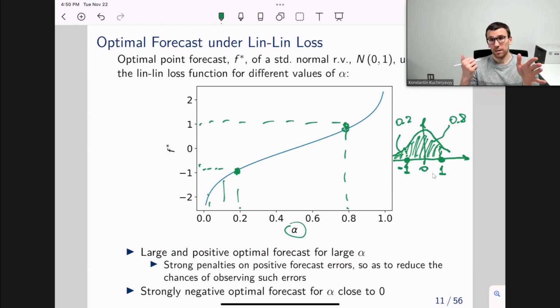And by the way, just jumping ahead, alpha is a parameter of the loss function. It's not a parameter of the data generating process or model, which means it's kind of a higher level parameter. We can choose it based on the subject, the problem, or we can also estimate it.